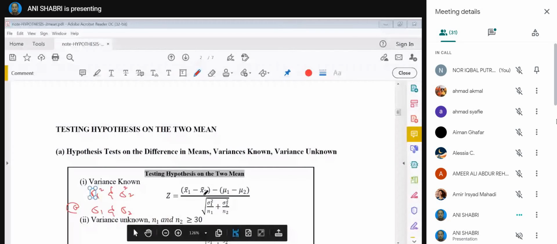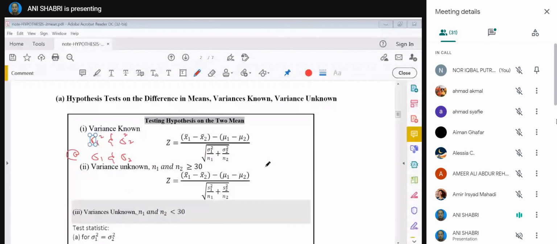Now if the variance is unknown, number 2: if you compare the formulas, number 1 and number 2 are the same. In number 1 the variance is known, but in this one S1 and S2 are given. You must use the same formula, but with n1 and n2 greater than 30.